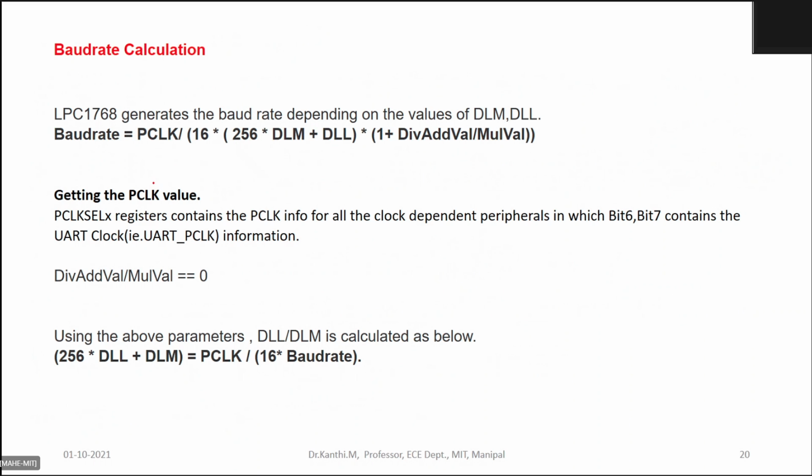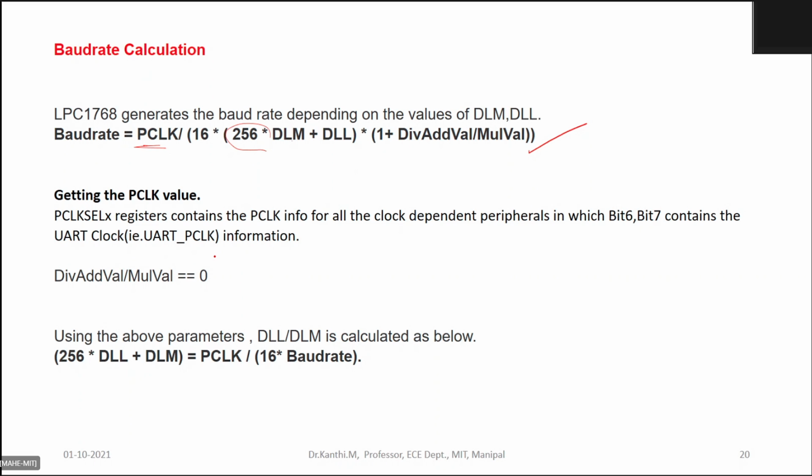So this is the formula used for the baud rate calculations. Baud rate equals PCLK divided by 16 into 256 into DLM plus DLL, this is because it's 8-bit, plus another term. This is the formula given for the baud rate.